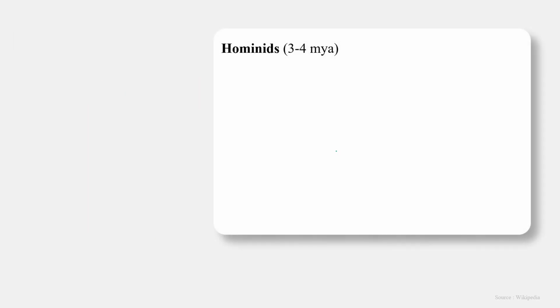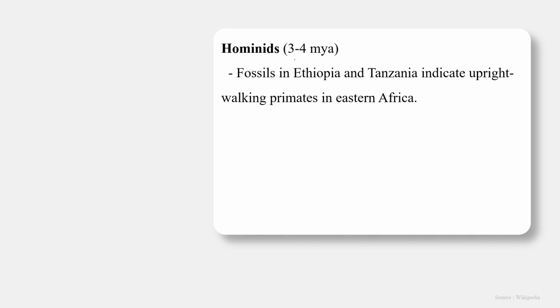And after that, hominids were present on the earth 3 to 4 million years ago, and their fossils are found in Ethiopia and Tanzania, indicating they were upright walking primates. They are found in eastern Africa. These primates were about 4 feet tall.